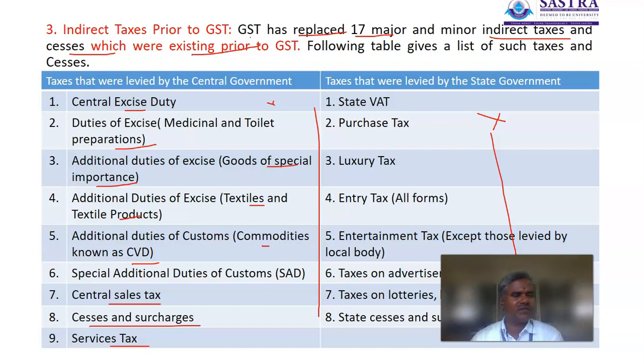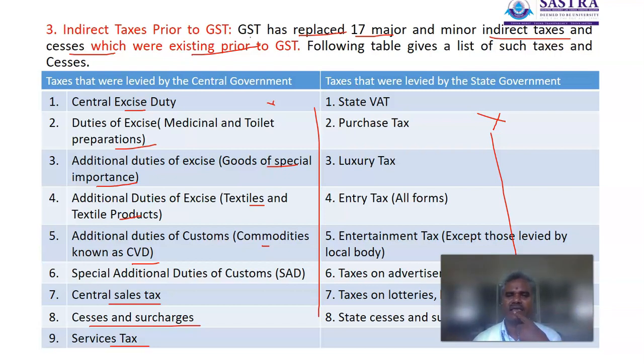But after introducing GST, now we are paying only one tax. Not so many taxes like central excise, duties of excise, additional duties of excise, textiles. No, we are paying only one tax for our consumption. What taxes were paid to the state government?